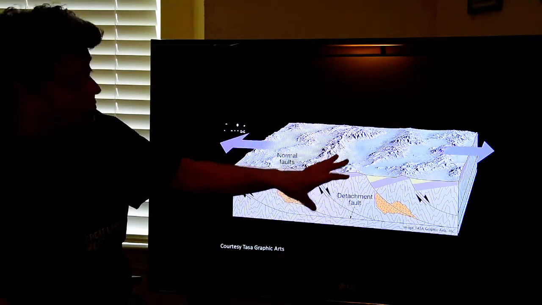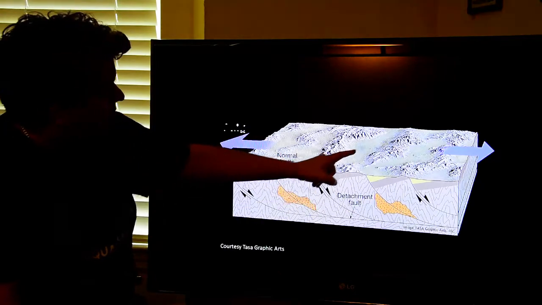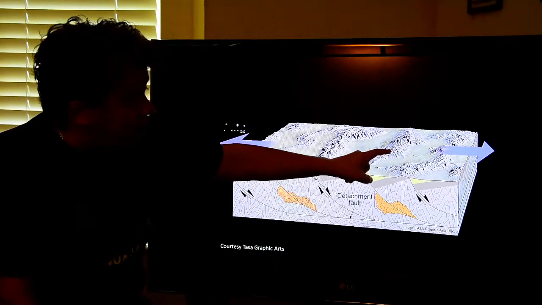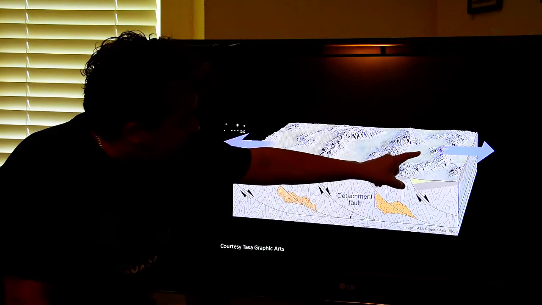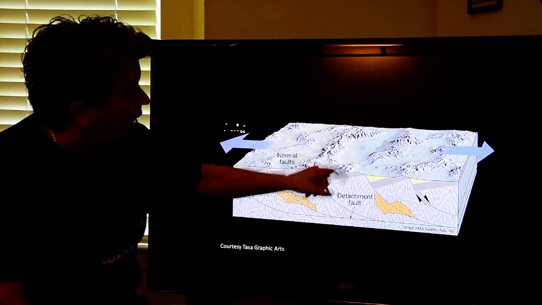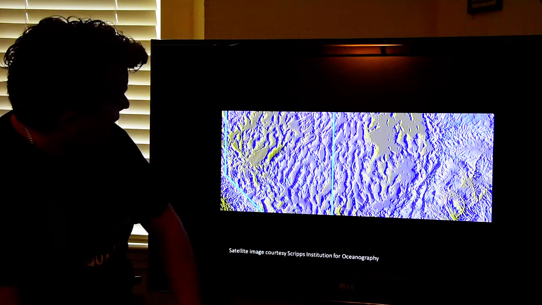And so, if we would see a diagram of your typical part of Nevada, there's one of our basins, one of our grabens, and there's one of our mountain ranges, or horsts. There's a basin and another range. So horsts and graben.